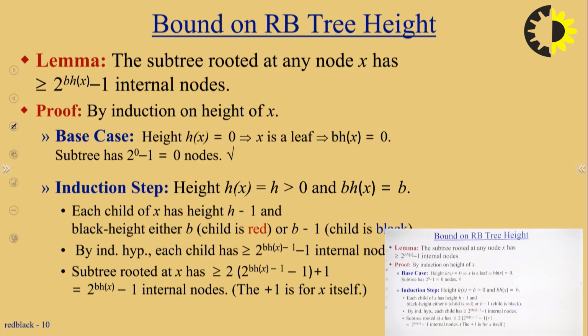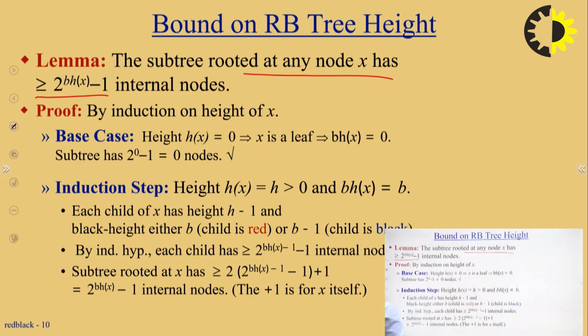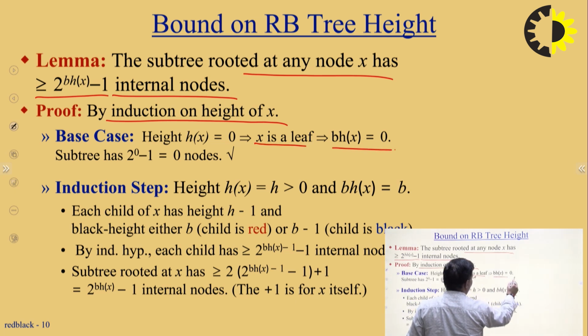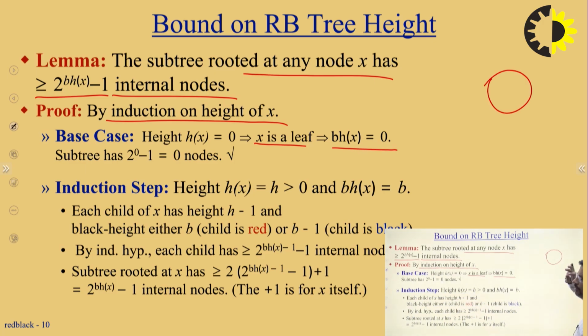So here the red black tree height is bounded by a lemma: the subtree rooted at any node x has at least 2 to the power black height of x minus 1 internal nodes. And second, the induction on the height of x. Base case: if the height of x is 0, x is a leaf, then the black height of x is 0. Suppose this is a root node x, and it also has the color black.